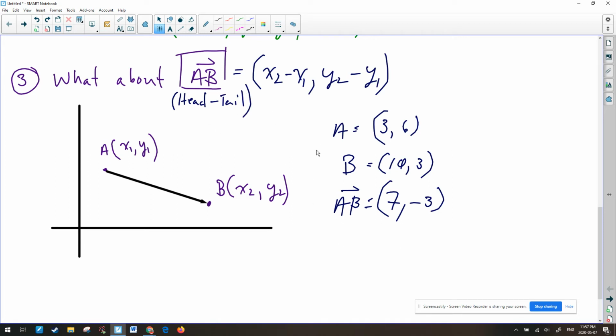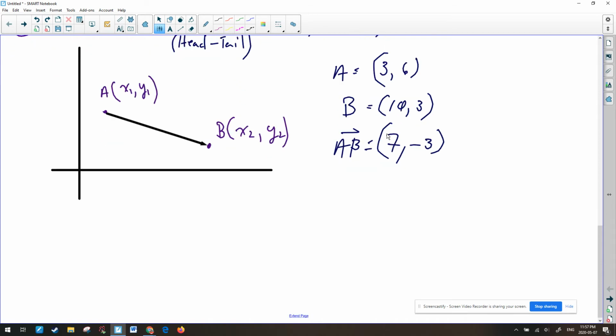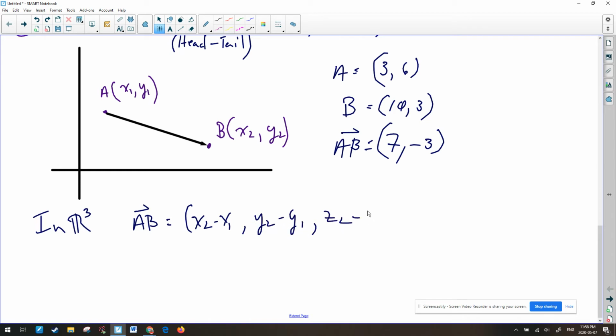However, I'd highly encourage those of you that just don't have an ironclad memory that doing it like this is a really easy way. And obviously it's very extensible. In R3, what we're going to have is very similar. So if we had AB, it would of course be x2 minus x1, y2 minus y1, and z2 minus z1, right?